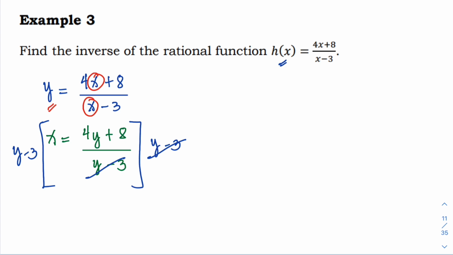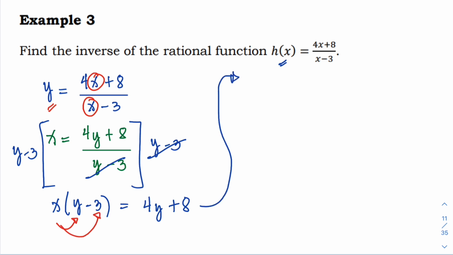So, meron tayong x times y minus 3 equals 4y plus 8. Tama, guys? So, distribute natin to, guys. Okay, so meron tayo ngayong xy minus x times negative 3, that is negative 3x equals 4y plus 8.